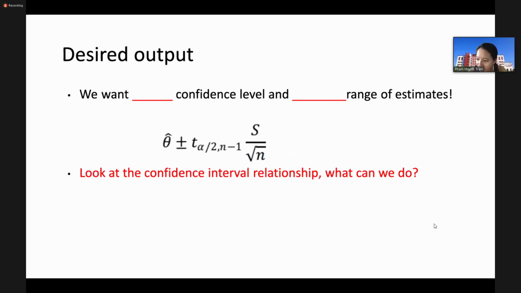We want high confidence level. 95% confidence level is better than 80% confidence level. And we want a narrow range of estimate. The narrower our estimation, the better. But it seems that we cannot achieve that for the same number of replication.